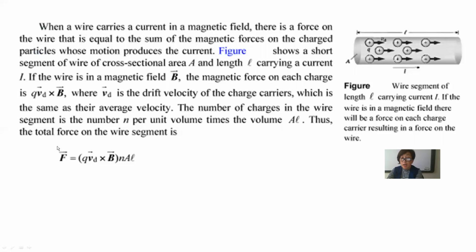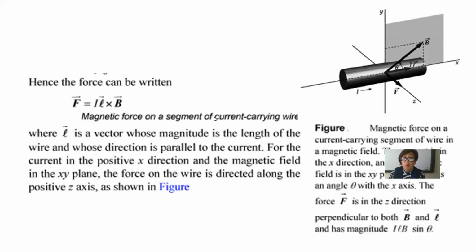This is the formula. The magnetic force on a segment of current-carrying wire can be written in terms of the vector L, whose magnitude is the length of the wire and whose direction is parallel to the current.